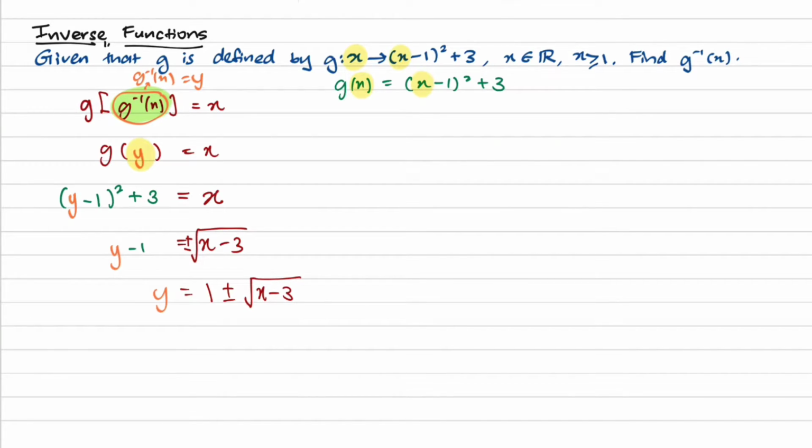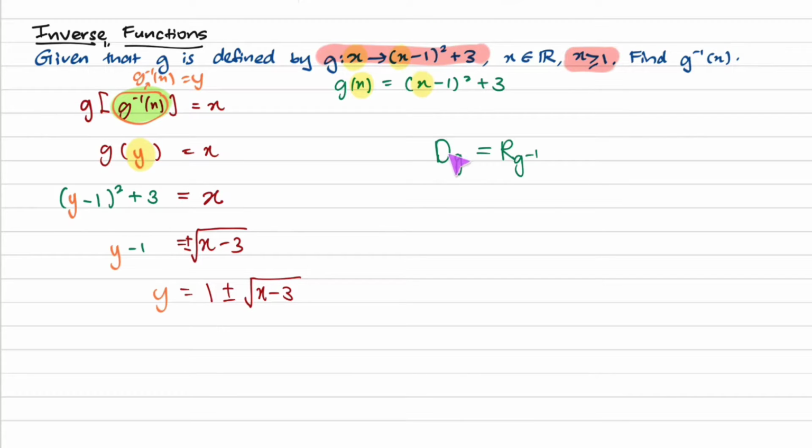But be careful. Look at the function g. It has a special domain. The domain given is x greater than or equal to 1. What does that mean? Always remember that the domain of g function is equal to the range of g inverse.